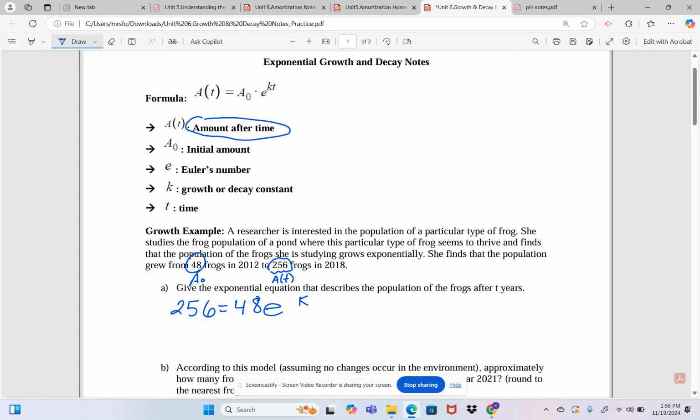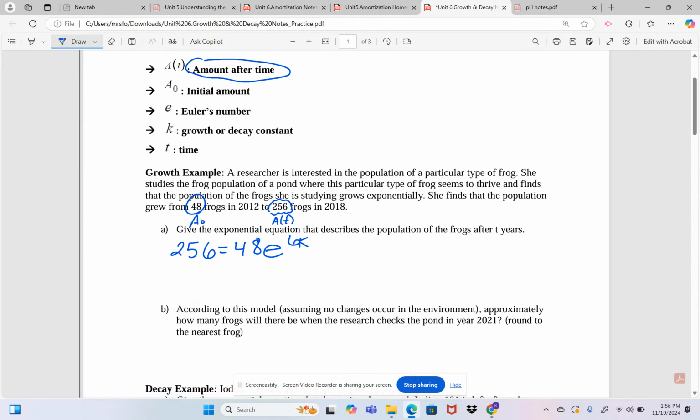6 years had passed. Let me pull up Desmos on my phone. 6 years have passed. So, what we want to do is solve for K. I'm trying to get my Desmos to pull up.